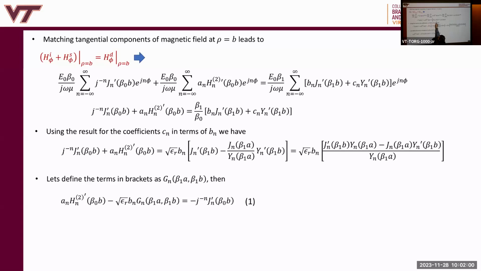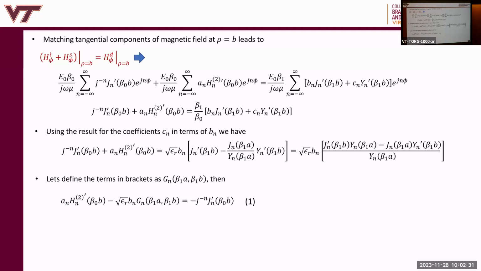If you want these summations to be equal for all n, then the nth term of this summation has to equal the nth term of this summation, because the n plus 1 or any other n term cannot cancel or contribute to the equality for the nth term. It's like x squared and x cubed, right? You can add them together, but they can't cancel each other out. They're linearly independent, right? Okay.